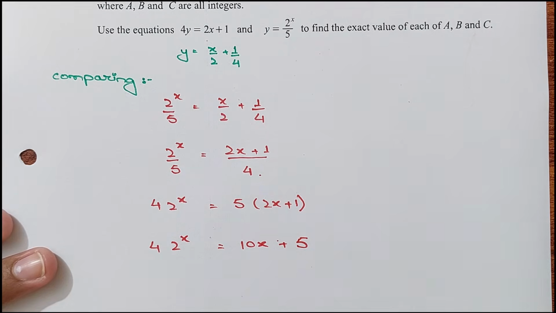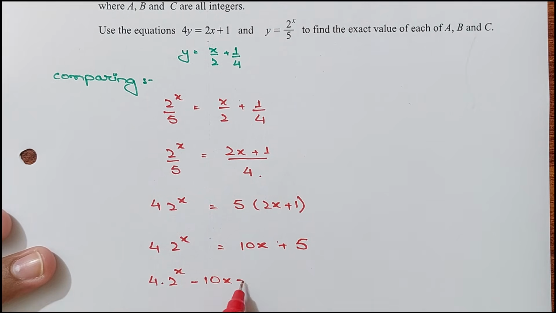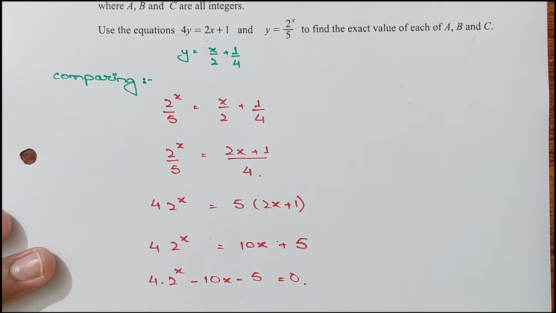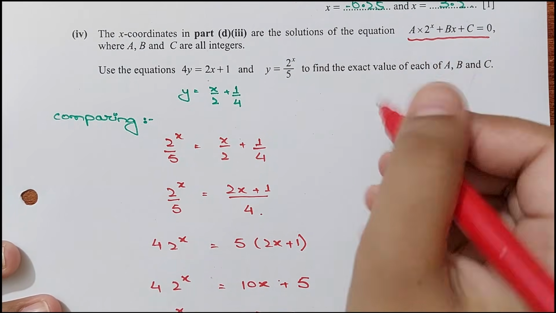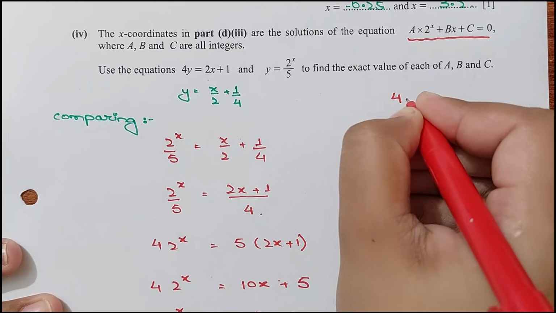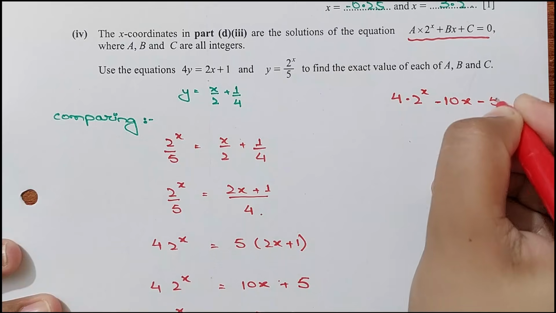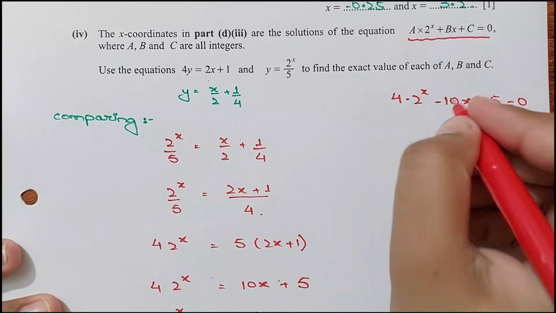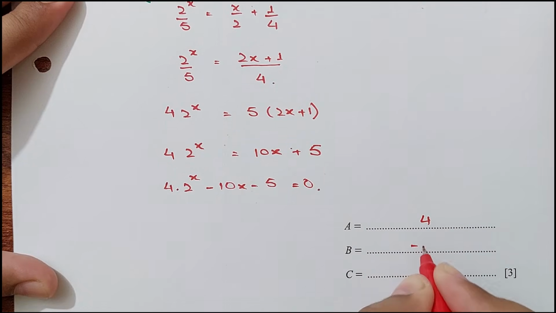Shifting all the terms to the left side: 4 times 2^x minus 10x minus 5 equals 0. So if I compare it with this one, a value is 4, b is minus 10, and c is minus 5.